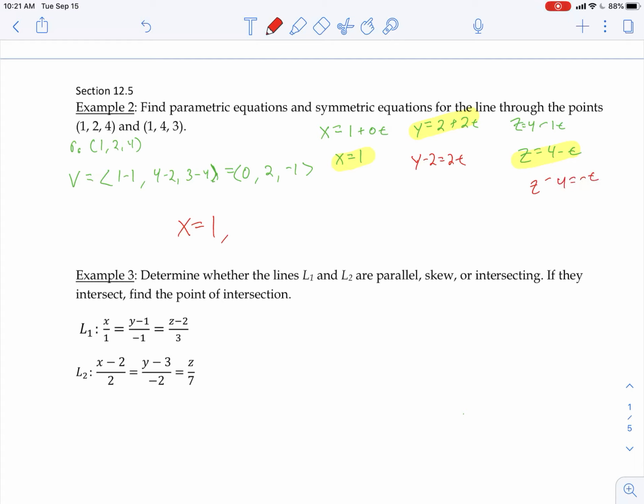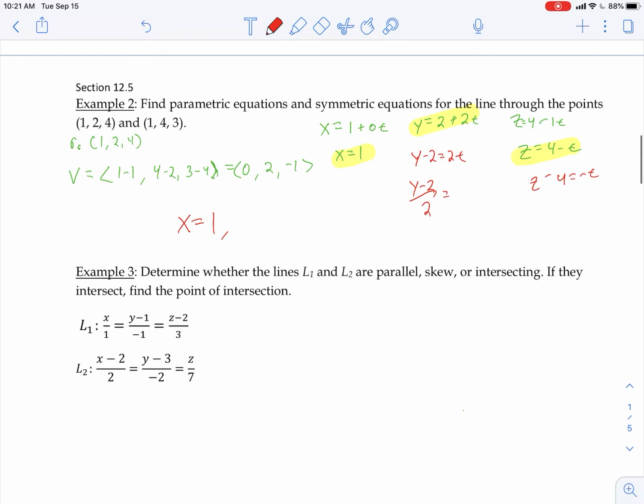z minus 4 equals negative t, and then we'll divide by our value. So we have y minus 2 divided by 2 equals t, and then we divide by negative 1, so z minus 4 divided by negative 1 equals t.